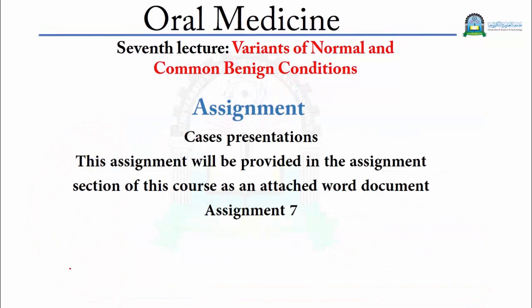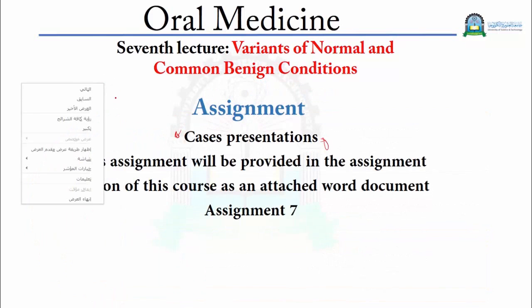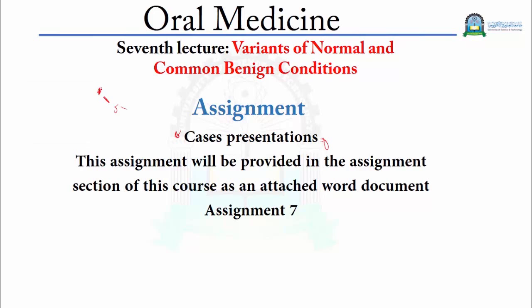The assignment for this lecture is a case presentation. Each student or group of students, from 1 to 5 students, should present a case of one of the common benign conditions and normal variations mentioned in this lecture.